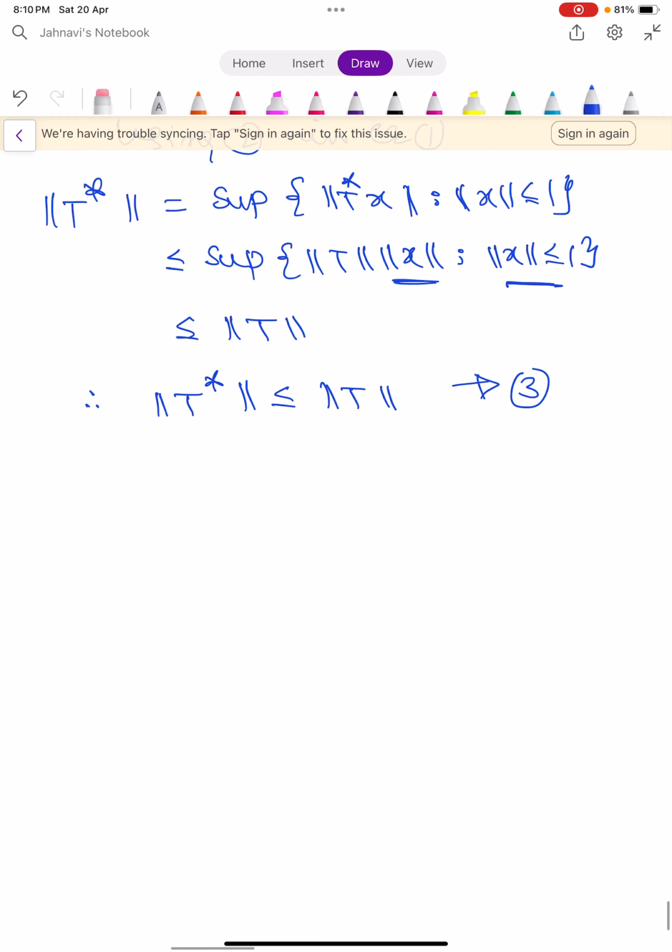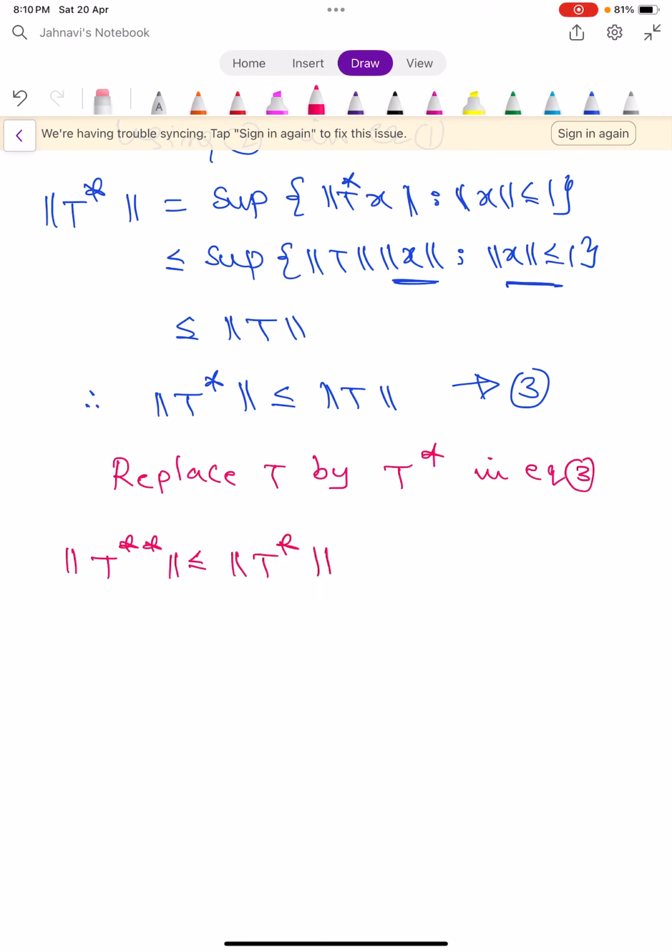Now replace T by T star in equation 3. If you replace this, obviously you get norm T double star is less than or equal to norm T star. By the previous property, norm T double star is equal to norm T. So you simply get norm T is less than or equal to norm T star.